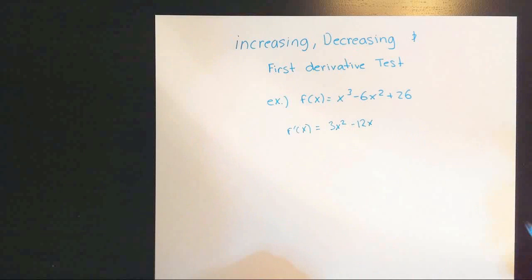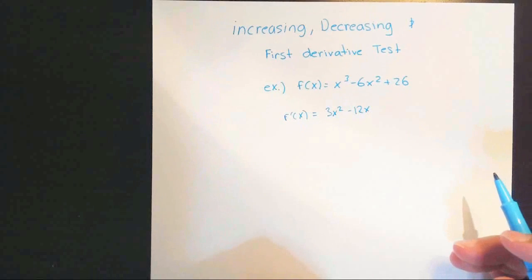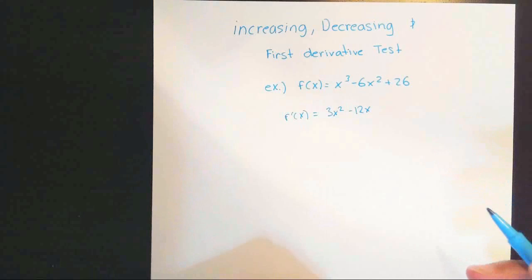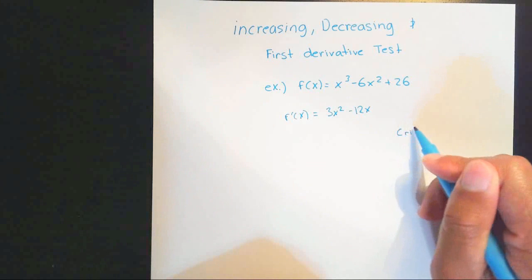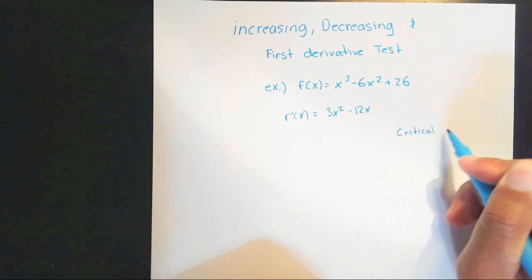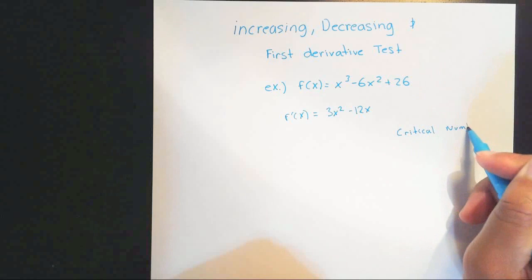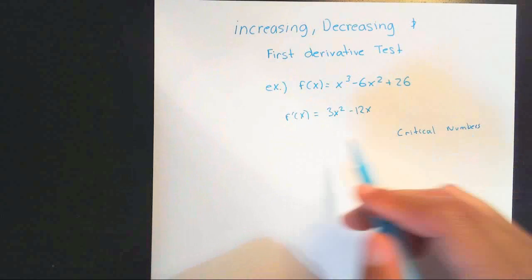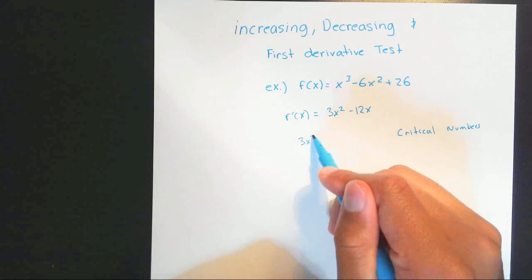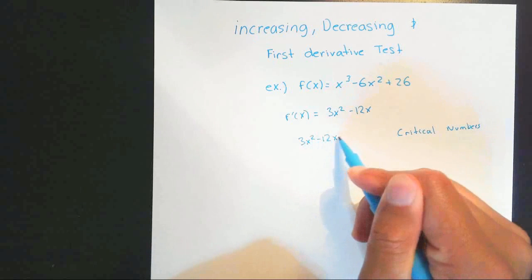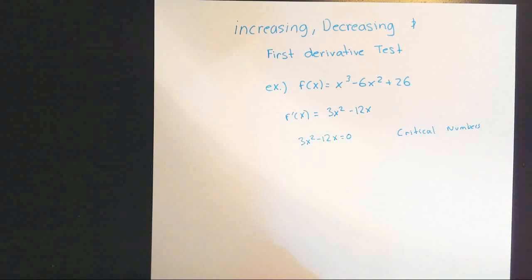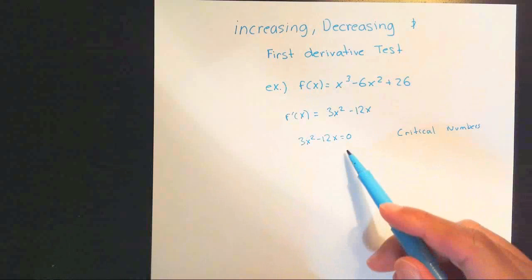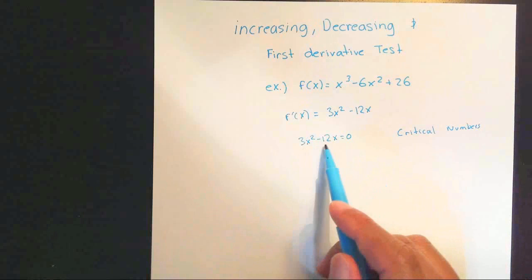Now after you find your derivative, you want to find something called critical numbers. Critical numbers are found by setting your derivative equal to 0. So once you find your first derivative, set it equal to 0 and try to factor it out. Solve for x.